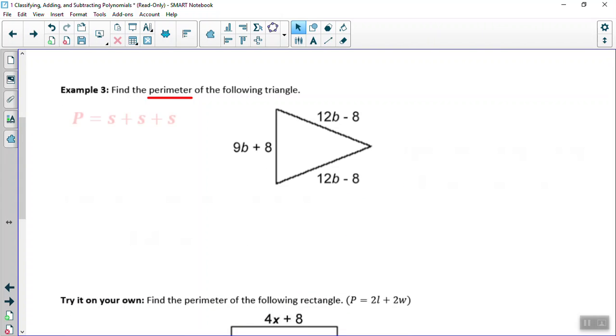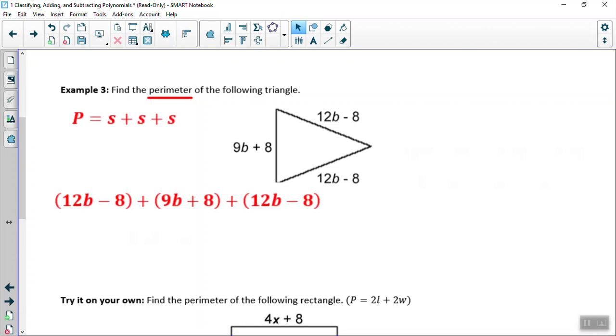The formula for perimeter for a triangle is just the side plus the side plus the side. So we're going to set that problem up. We've got 12b minus 8 plus 9b plus 8 plus 12b minus 8. So now we're going to take those 3 sides and add them together.